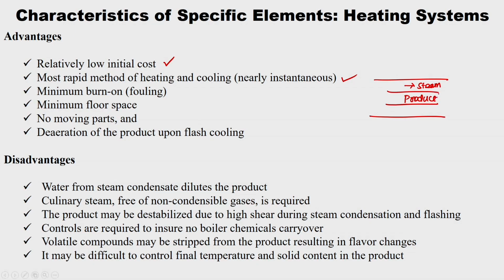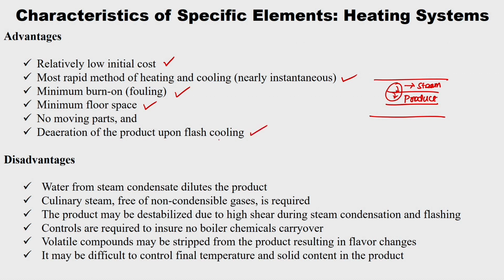In the indirect system, the product has more resistance. It has to first come through the wall of the heat exchanger, then it has to come to the product. These kinds of resistance are avoided when it sees the heating medium directly. So in that way it is a more rapid method of heating and cooling, with minimum burn-on or fouling, minimum floor space required, no moving parts, and deaeration of the product upon flash cooling.